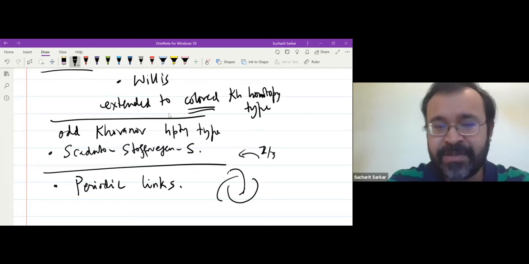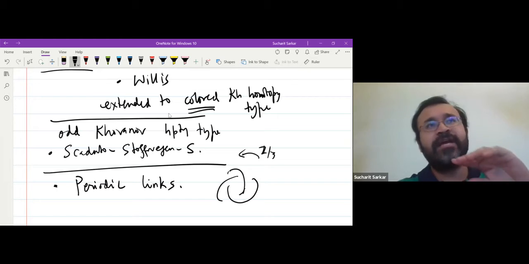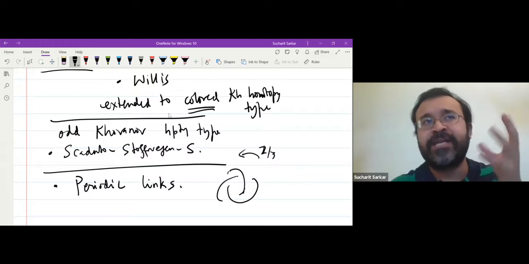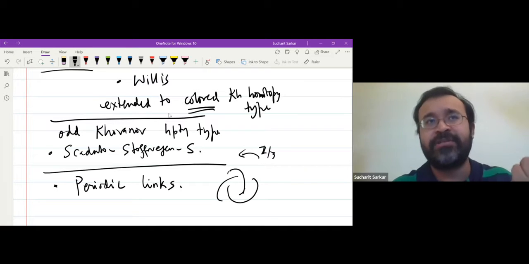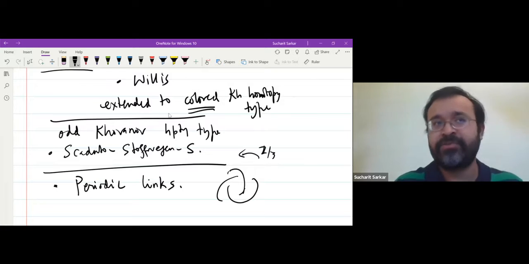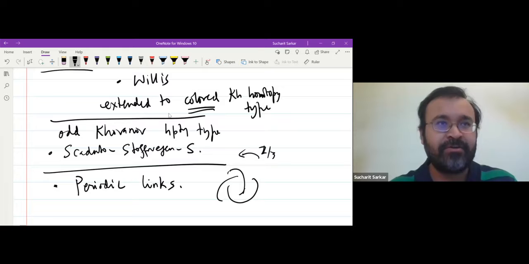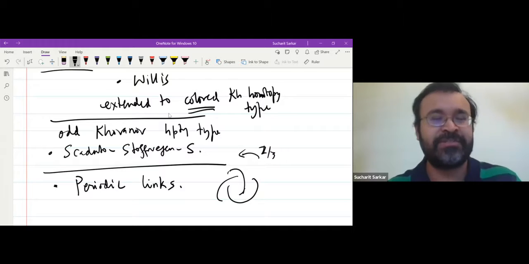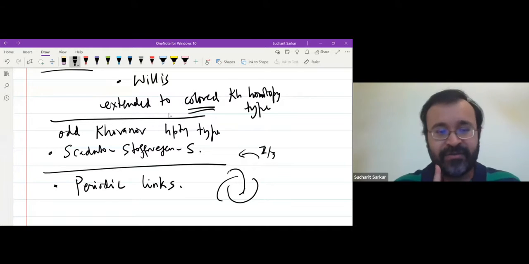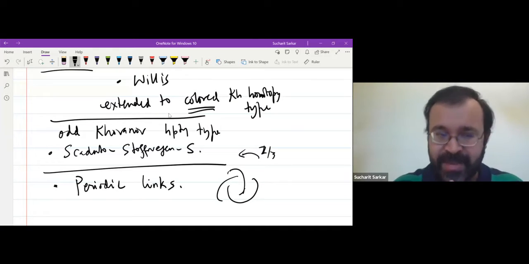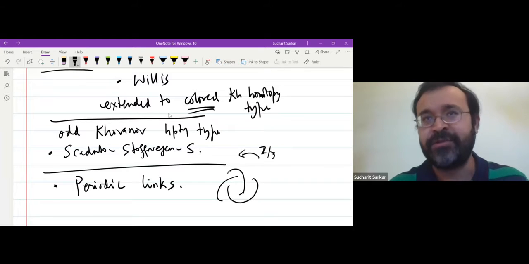So for periodic links, I should expect a group action like Z mod 3 to act on all the relevant theories, and the Z mod 3 group does act on Khovanov homology, but a group action on just homology doesn't give you so much information. But if we could construct a group action on the space, this gives you a huge amount of information.